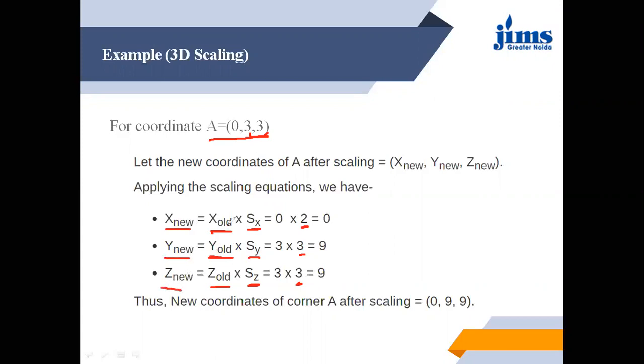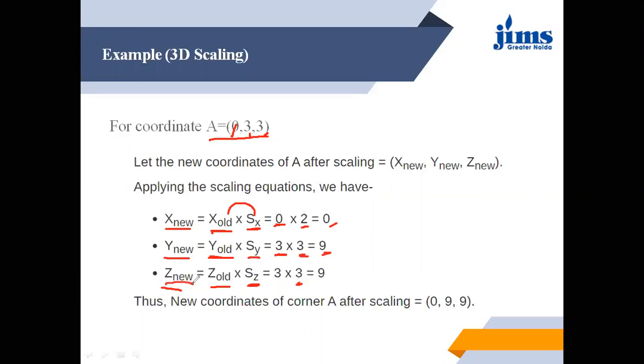According to the formula, x new will be x old multiplied by sx. So 0 multiplied by 2 will be 0. The new coordinate on the y axis, y new, will be the old coordinate 3 multiplied by the scaling factor on the y axis, 3. So this is 9.